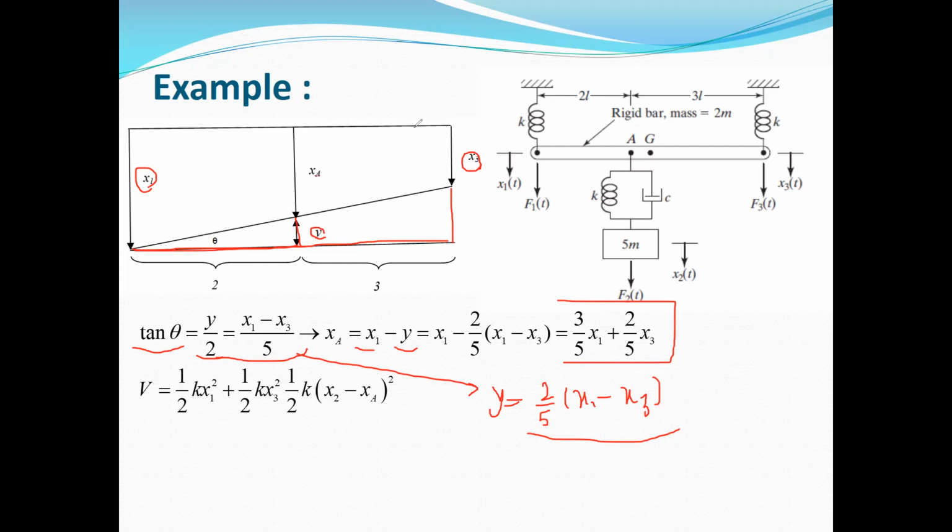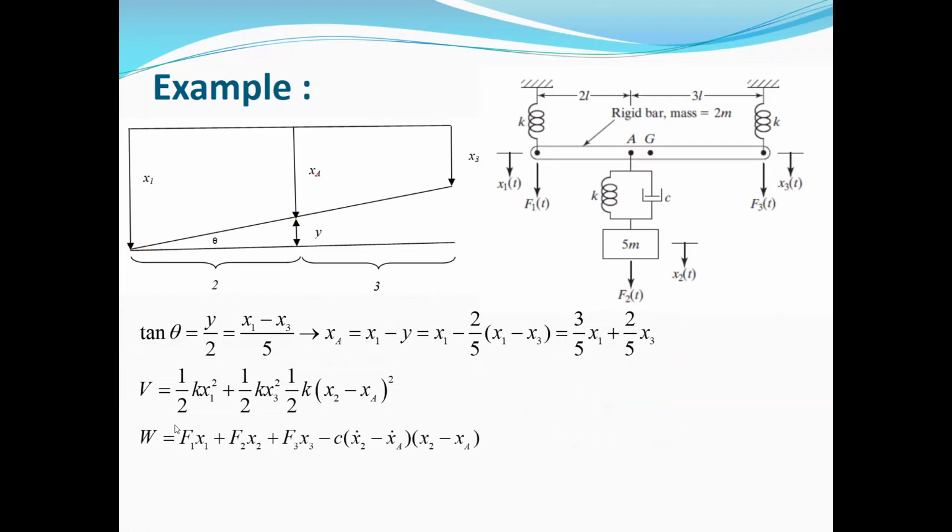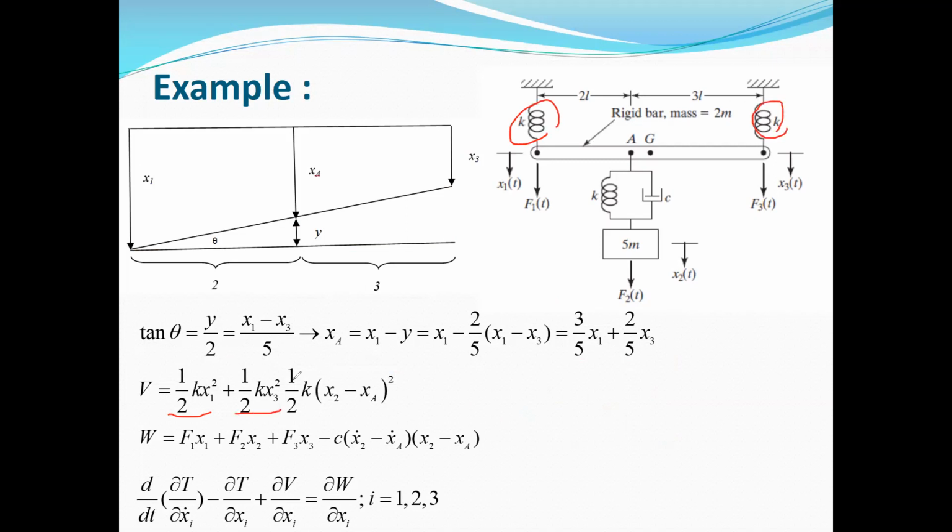And now we can extract the relation for the potential energy. As you see, the potential energy is half k x1 squared due to this spring, half k x3 squared due to this spring, and of course here we have a plus, half times k times (x2 minus xa) squared for this spring. And finally, the work done by the external force.